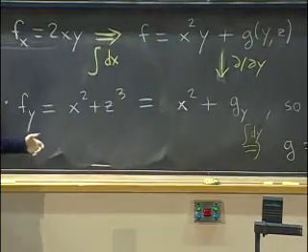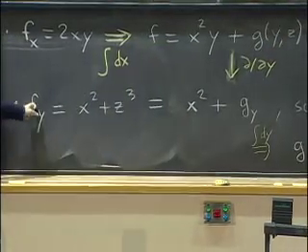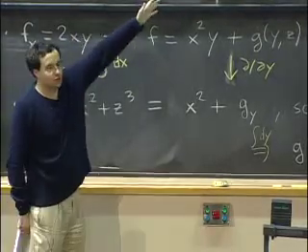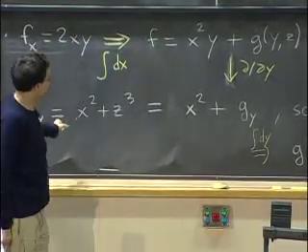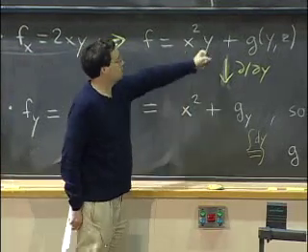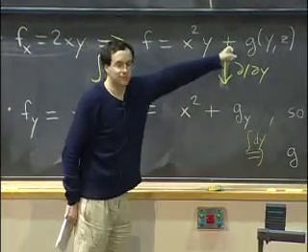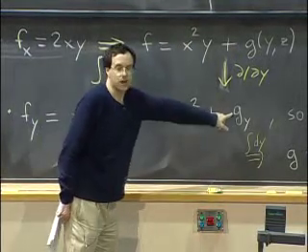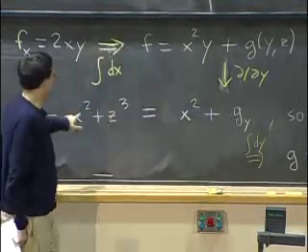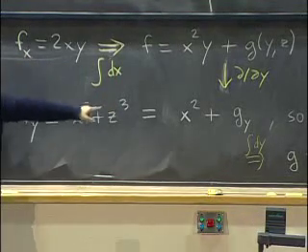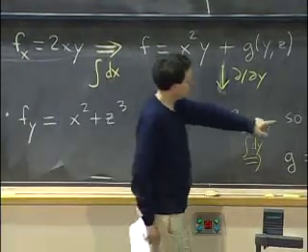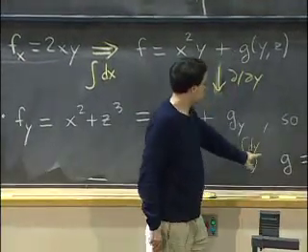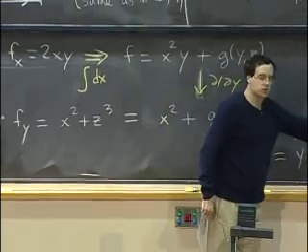Now you compare f sub y as given to you by the vector field with the formula that you get from this expression for f. And that, of course, will involve g sub y. So out of this, you will get the value of g sub y. When you have g sub y, that gives you g up to a function of z only.